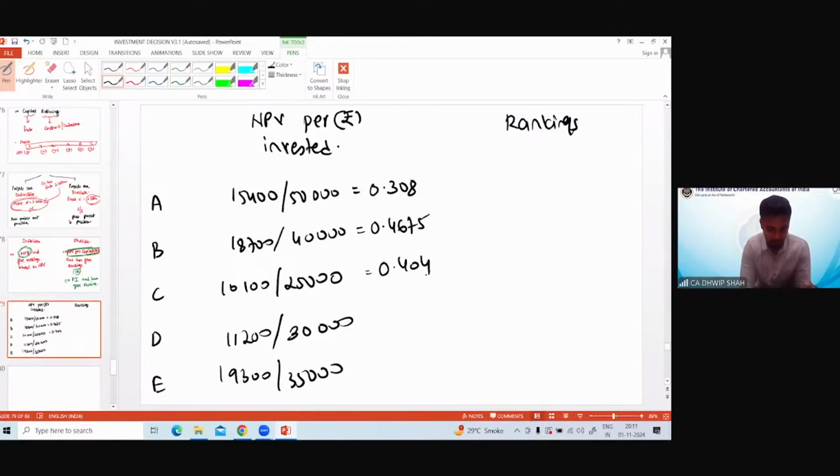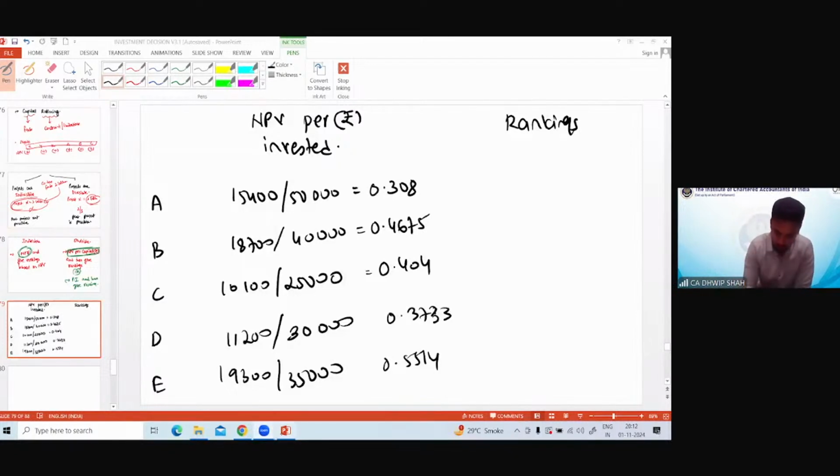C is 0.404, D is 11,200 divided by 30,000, which is 0.3733, and E is 19,300 divided by 35,000, which is 0.5514. Is everyone following?